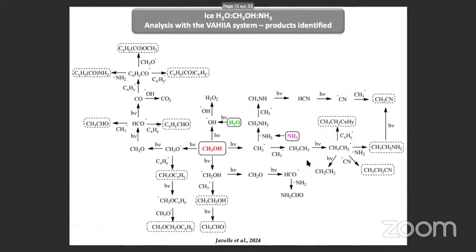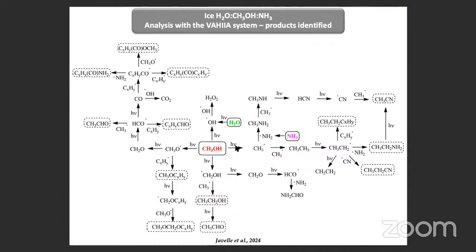The main part of these molecules comes from radical chemistry. Here you have the different initial molecules: water, methanol, ammonia. I will not detail the different branching ratios here, but what is interesting is that if you modify the ratio in the initial ice, you modify this branching ratio and you can directly have insight of this modification in the gas phase.